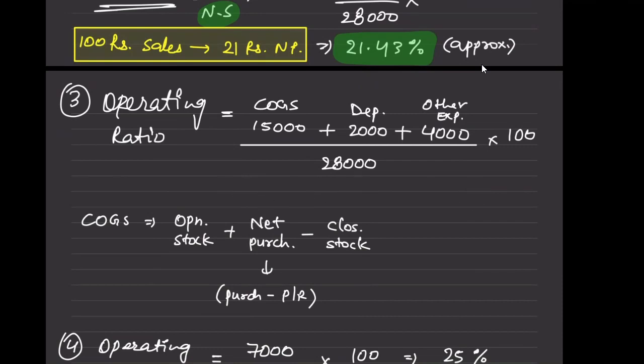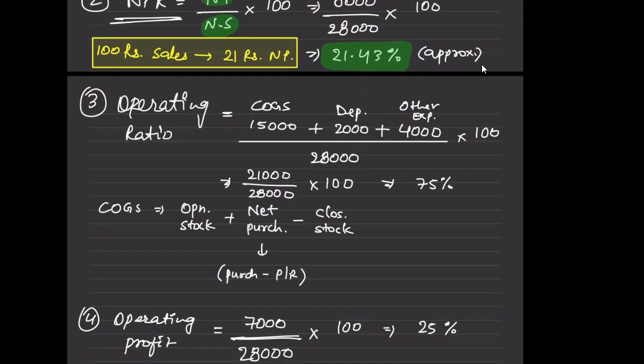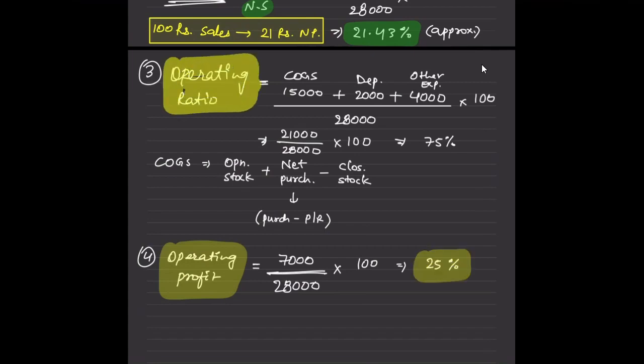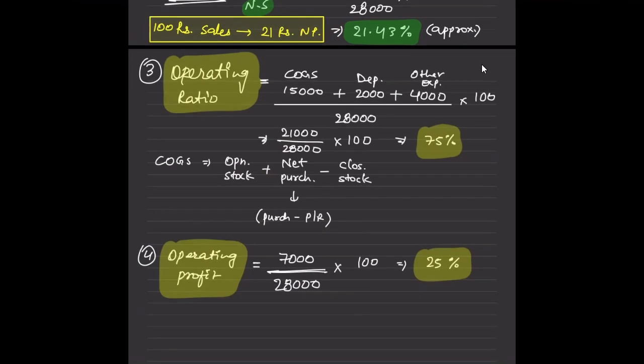This ratio would come as 21,000 divided by 28,000 multiplied by 100. So this is 75%. Now you can see that your operating profit is 25% and your operating cost is 75%. So total is always 100 because if you add profit to the cost, that is your sales figure itself, right? So this was your operating profit.